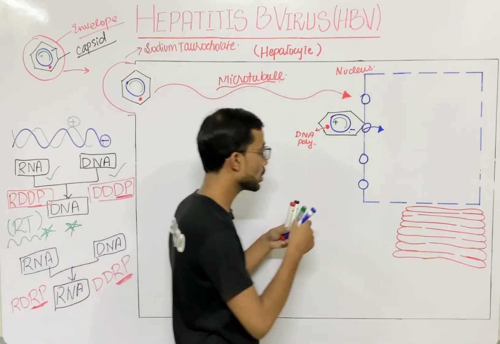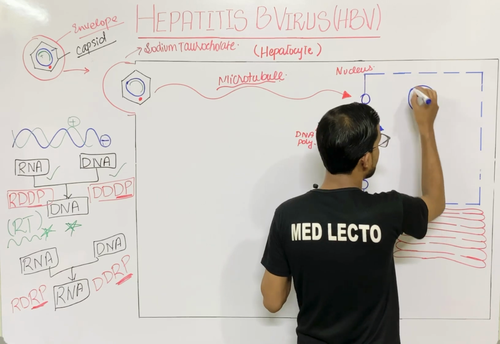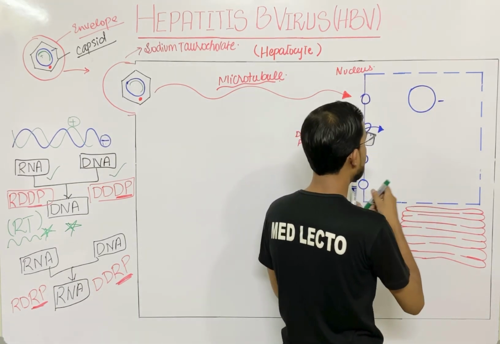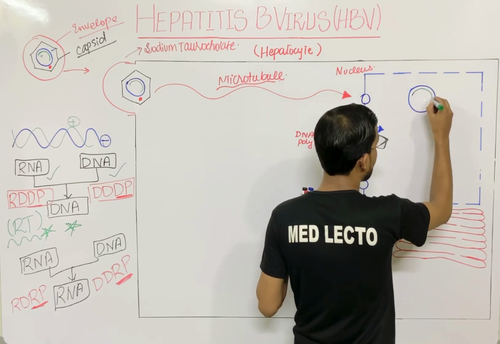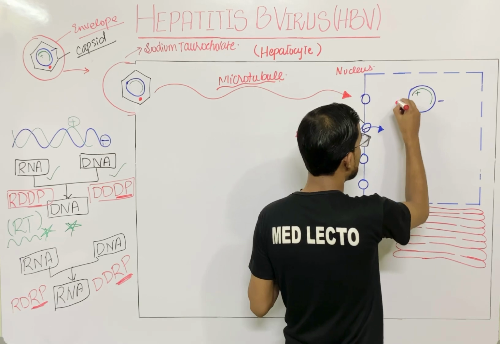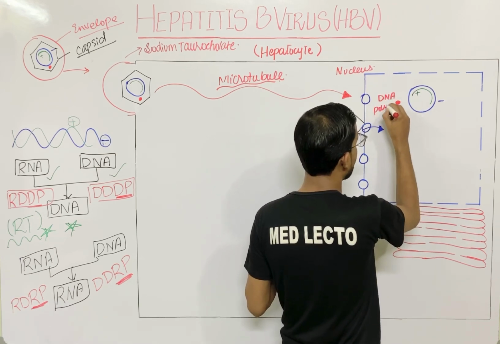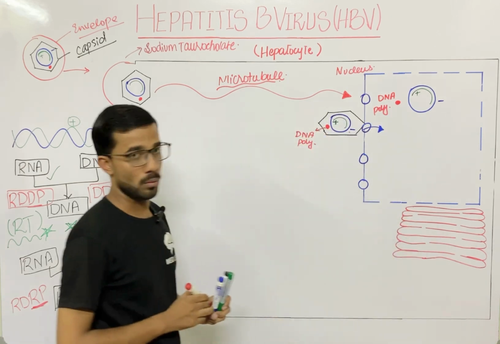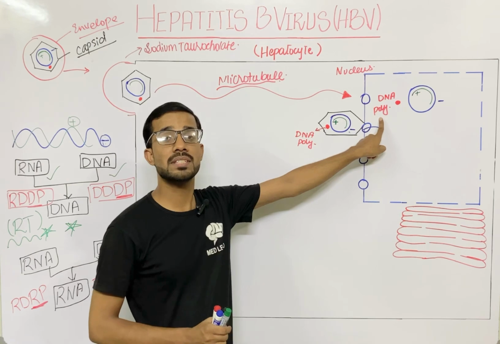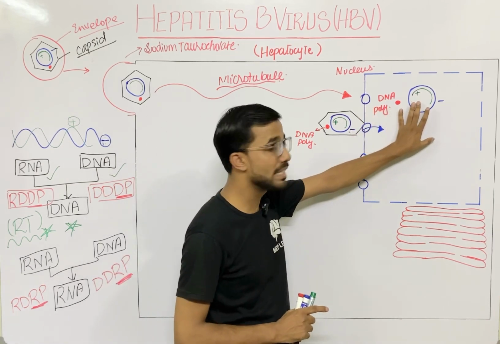Inside you will see here is the negative strand of the DNA, and here is the positive strand of the DNA, and here is the DNA polymerase enzyme. Now, as we have discussed, that DNA polymerase can synthesize the DNA from the DNA. So it is actually a DNA structure.